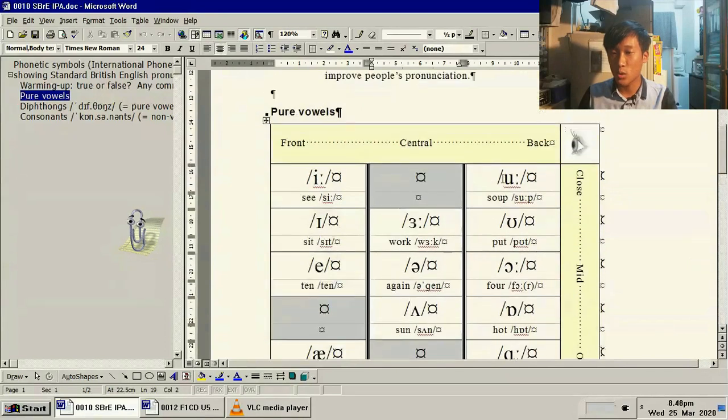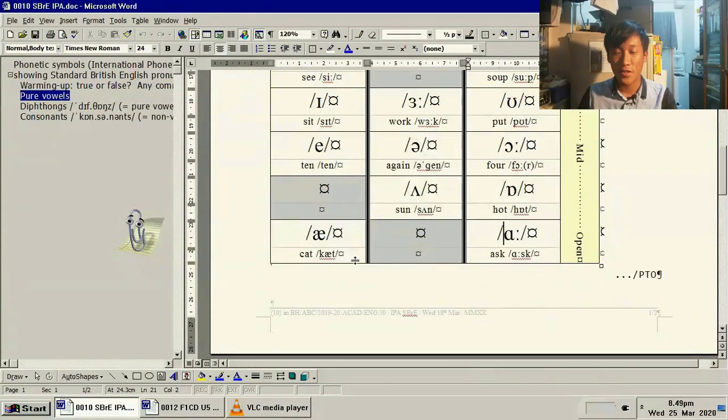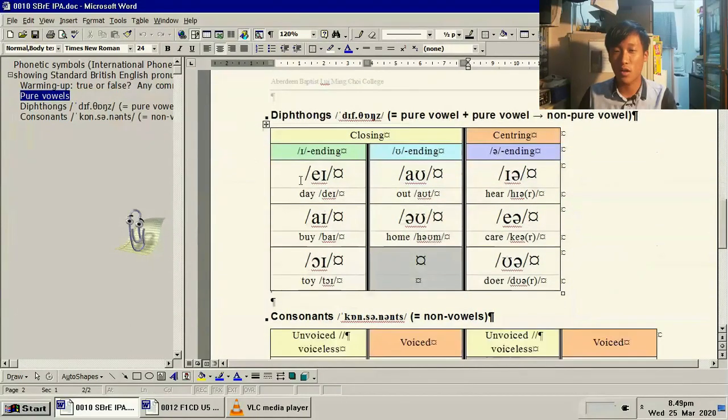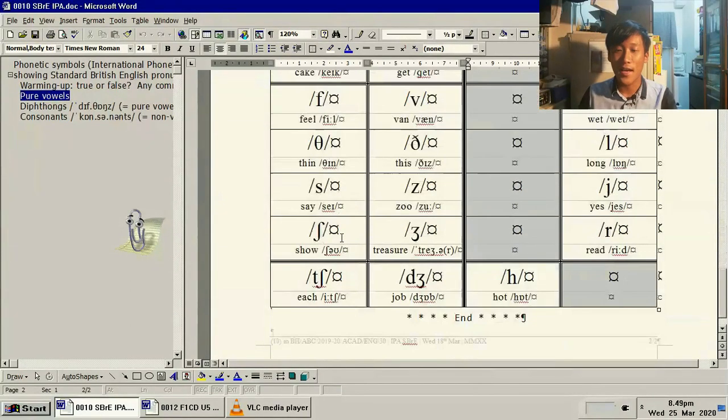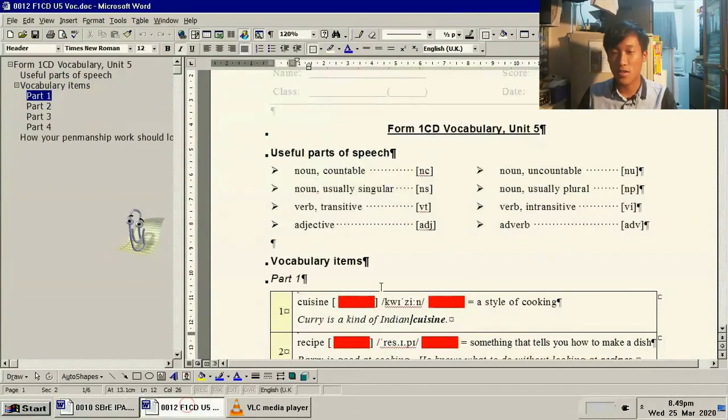So these are the vowels that you know from the first term. In the second term, I'm continuing with the IPA and talk about other kinds of sounds in standard British English. So we'll work this together as well.